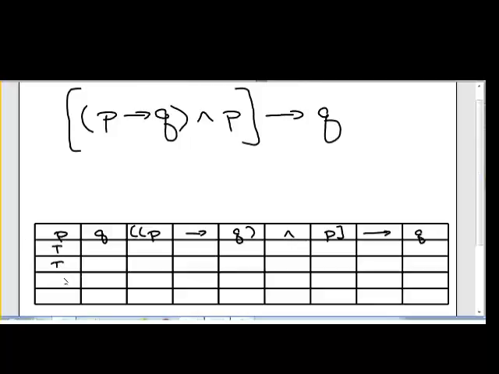We fill out the first two columns normally. Then we copy down the columns that are involved in the actual logic statement. They're all just P's and Q's, so we just copy down the P and the Q columns.